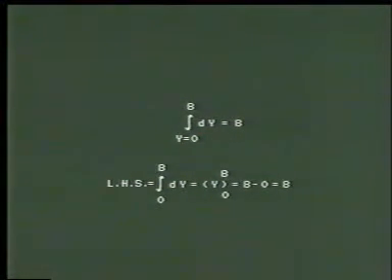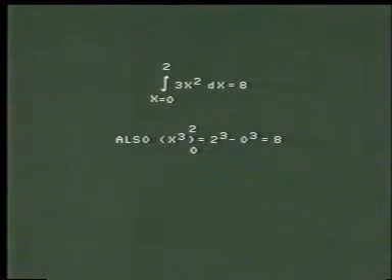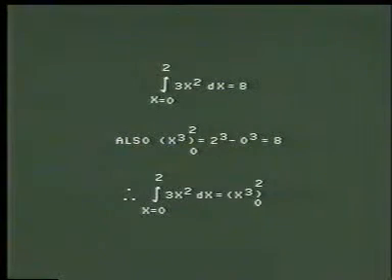We say that dy is the differential of y and integral of dy is y. Dx is the differential of x. Also, x cube when x varies from 0 to 2 is equal to 2 cube minus 0 cube, which is equal to 8. Therefore, integral of 3x square dx as x varies from 0 to 2 is equal to x cube when x varies from 0 to 2.